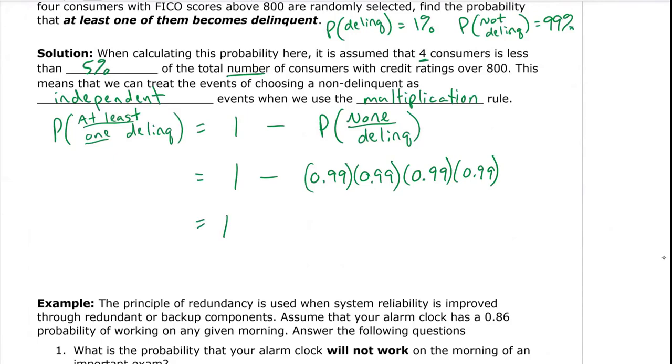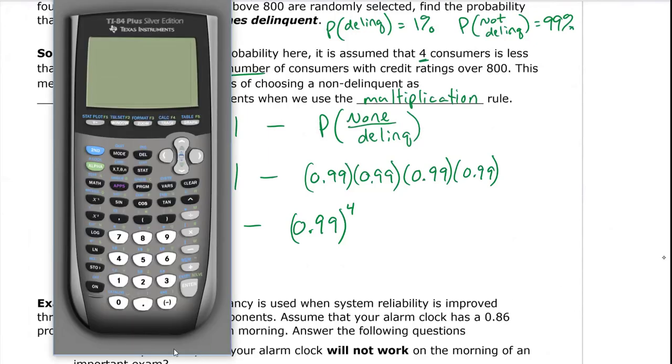You can put this in your calculator a little bit differently just to save yourself some time. Since you're doing 0.99 times itself 4 times, you can just raise it to the 4th. The way that'll look on your calculator is you'll do 1, subtract, and then 0.99. You could do that in parentheses too if you wanted to, but you don't have to. And then raise it to the 4th like that.